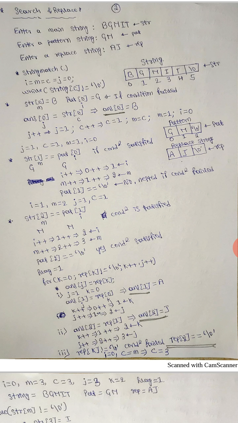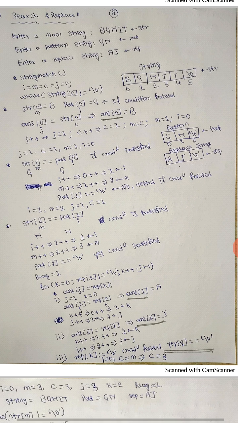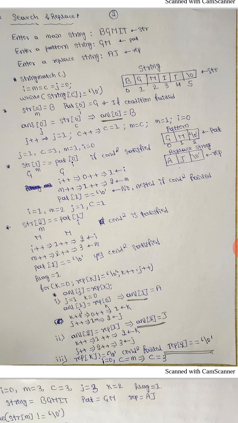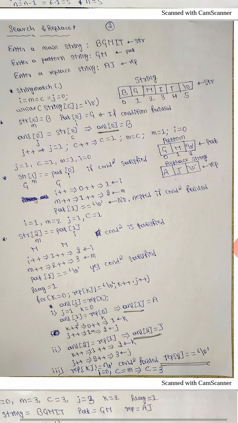After that, in the second operation, from the main string we got G, and from the pattern string again we got G, both are matching. After this, I am going to increase the index value of the main string as well as the pattern string. And next, from the main string we are getting M, and from the pattern string we are getting M. Both are matched.